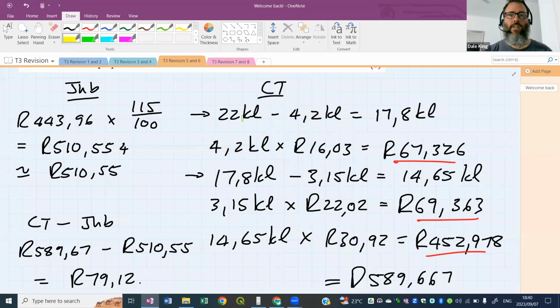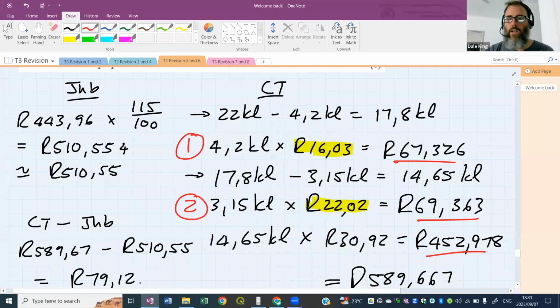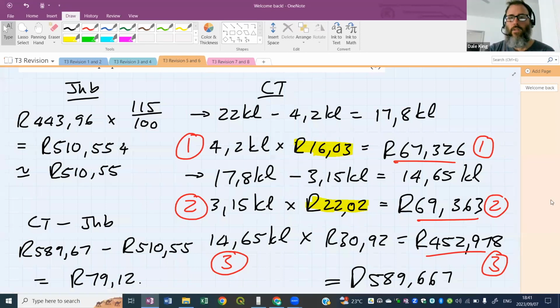The 16 and 3 cents is a price per kiloliter for the water. So 16 and 3 and 22.02, those are per kiloliter prices. We need to use them and multiply by how much water we have to get a total for this bracket. So this is bracket number 1's final amount, this is bracket number 2's final amount, and this last one here is bracket number 3's final amount. Those are the things that we need to add up to make the final total for this sum.